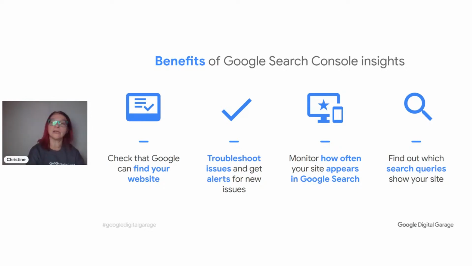So you can find out which search queries are showing your site, and then you might find out, well, I'm being shown for this particular term, but actually I'm on the 5th page. I'd like to be known for that. How can I do some work to improve my content so I'm found in a better way? It also is great to almost flip it on its head and say, well, this is what people have been searching for.